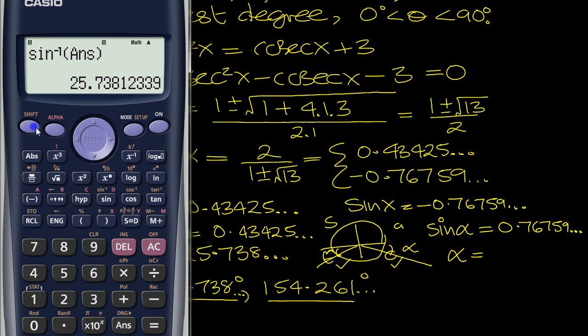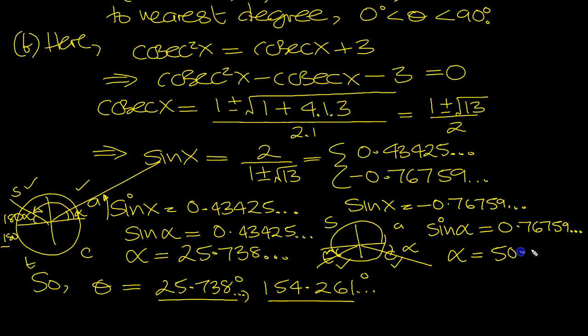So it's inverse sine of 0.76759 equals 50.137 degrees.